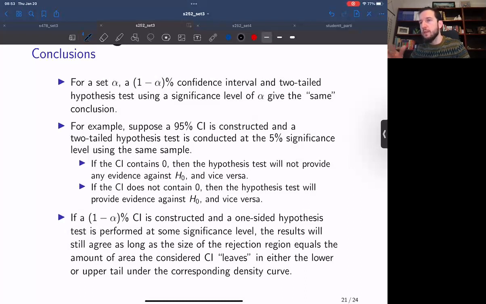And you can also make that connection in the opposite direction as well, as we had done in the previous illustration. Right? Those conclusions will agree across all style of tests. The most important part is just that you have the same critical value being utilized. As long as the magnitude of that critical value is consistent across the hypothesis test and the confidence interval, you'll be able to reach the same conclusion from both. And that's what these last 2 points are illustrating.